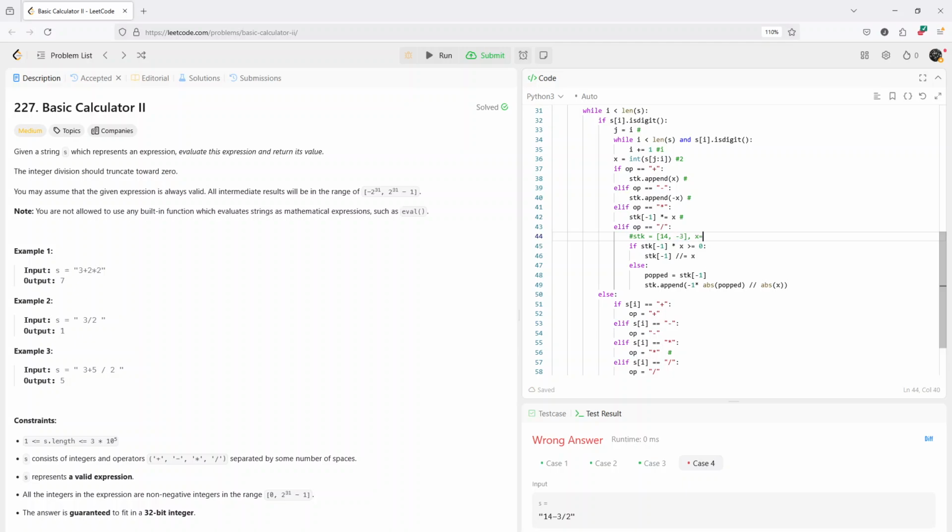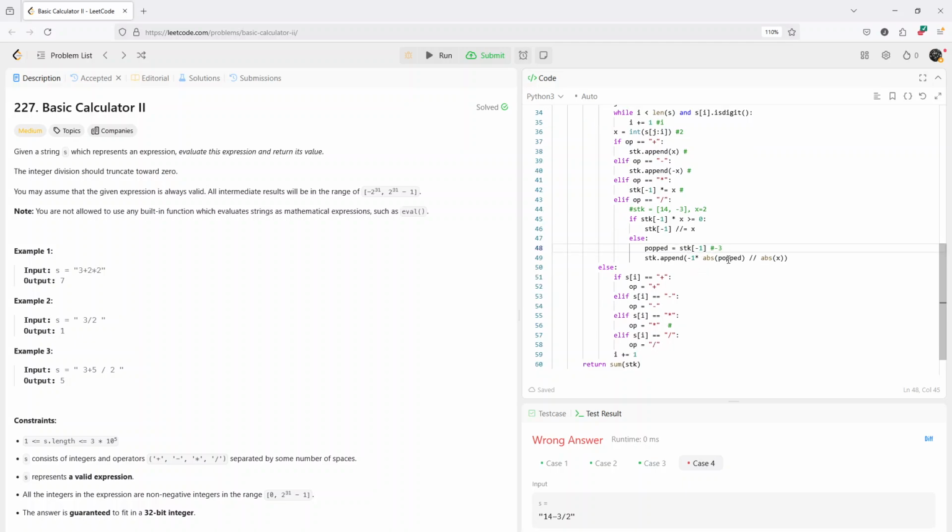And we know x equals 2. So -3 times 2 is not greater than or equal to 0. So now we pop out the -3. So 3 divided by the 2, which is 1, so -1. Oh, I said popped equals stack[-1]. I should say stack dot pop. Okay, so that should take care of it.